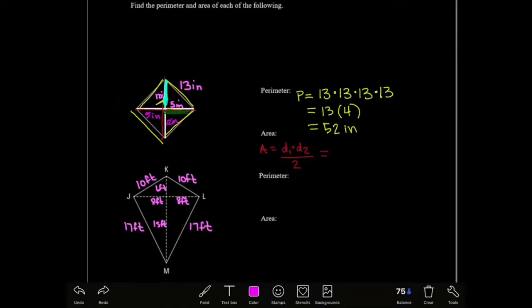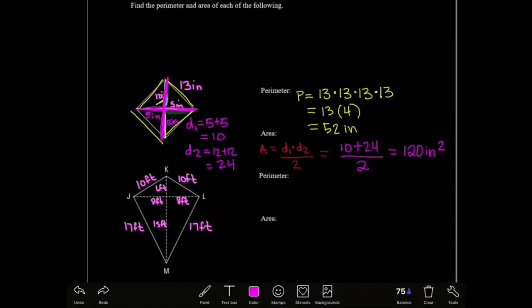So that tells us that diagonal 1 is 5 plus 5, which is 10, and diagonal 2 is 12 plus 12, which is 24. Okay? This is diagonal 1, 5 plus 5, and this is diagonal 2, 12 plus 12. So diagonal 1, 10, times 24, divided by 2, so the area is 120 inches squared.